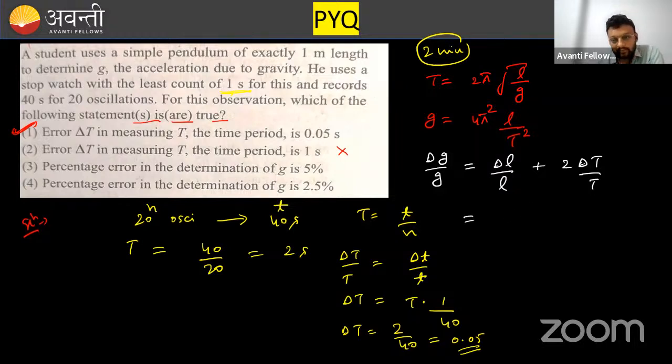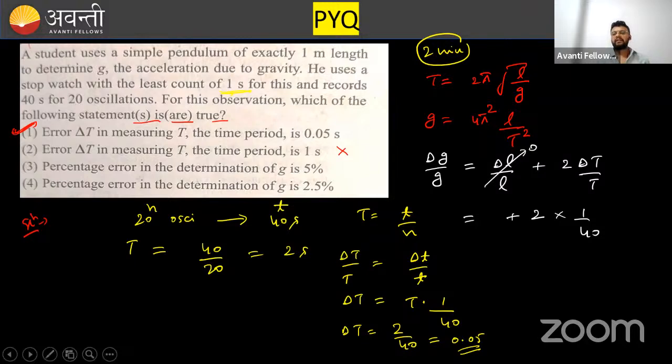Delta L by L is what? 0. Why is it 0? Can anyone say? Exact. Very good. Delta T by T is what? 1 by 40.